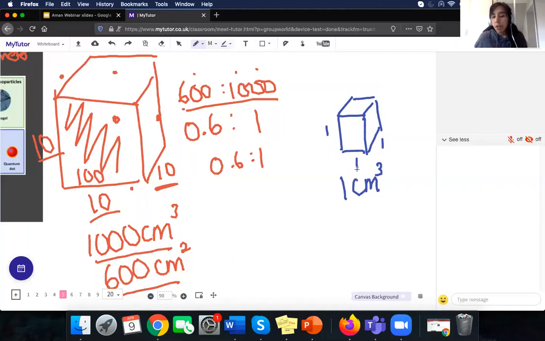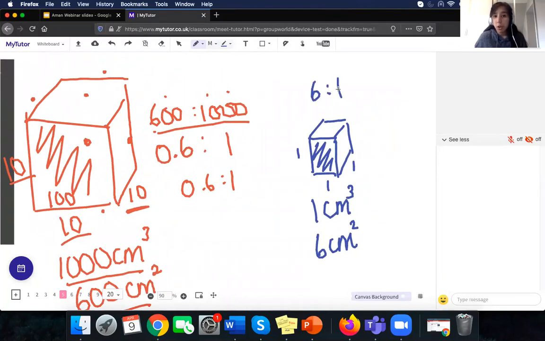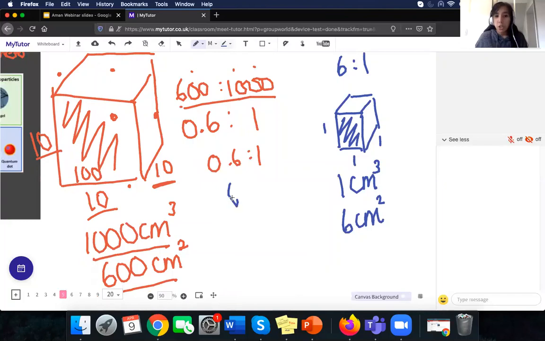And the surface area of this cube would be the area of one surface times 6. So the area of one surface is 1, times 6 is 6, which gives us 6 centimeters squared. So the surface area to volume ratio here is 6 to 1. If we compare that with the larger cube, that was 0.6 to 1. So that means a smaller cube or a smaller particle has a larger surface area to volume ratio.